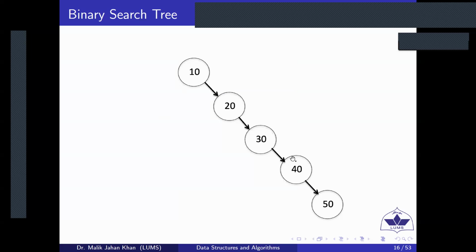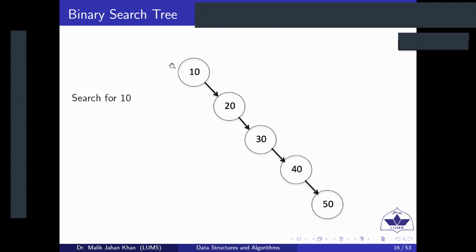So it's a binary tree, and we just need to look at the other two characteristics. As there is no left child of any node, the left characteristic does not hold over here. For the right side, 20 is right of 10, that has to be greater than 10. 30 is greater than 20, 40 is greater than 30, and 50 is greater than 40. So it fulfills all those conditions of a binary search tree, hence it's a binary search tree.